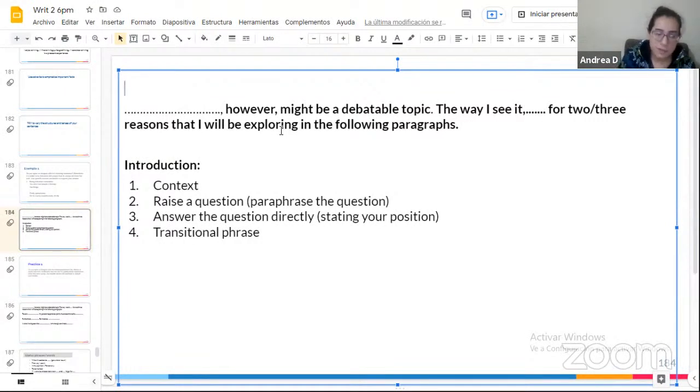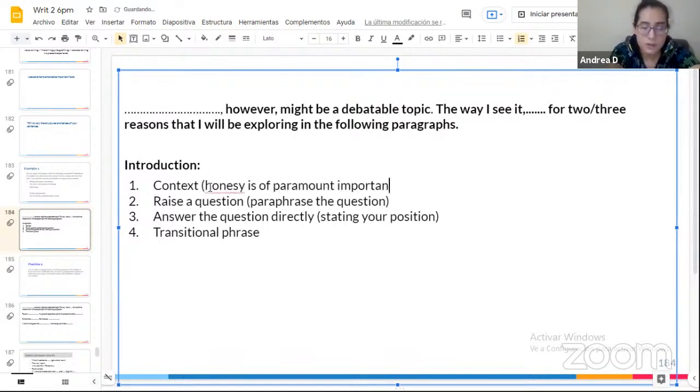So maybe, let me give you some examples. The classic thing would be to say something like, honesty is of paramount importance when educating kids, maybe, or for everybody's education or something like that.